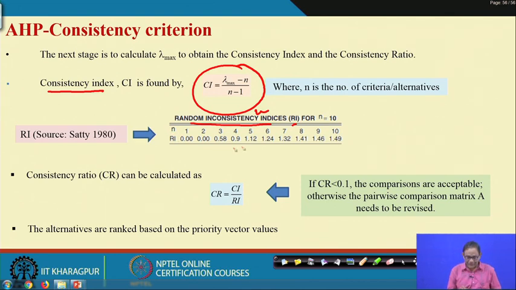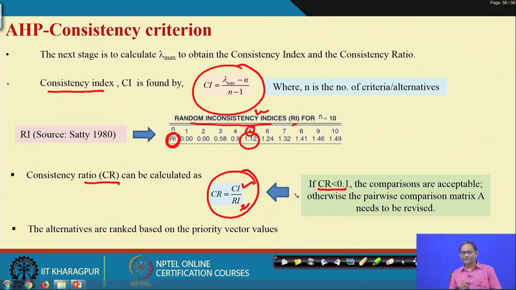Suppose in our case n is 5, then the random inconsistency index is 1.12. So, you have found lambda max and n is also known. Then the consistency ratio CR will be CI by RI. This consistency ratio should be less than 0.1.